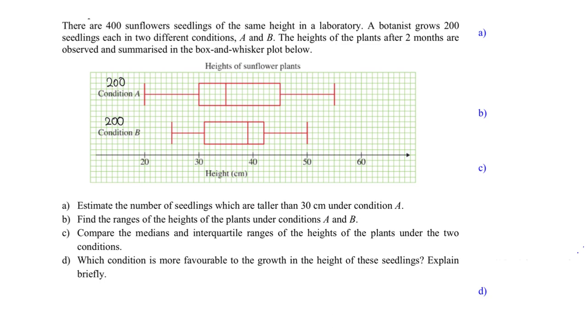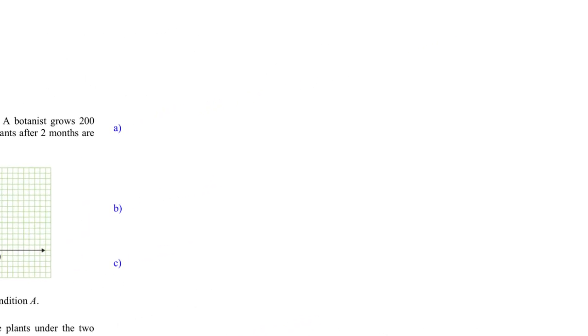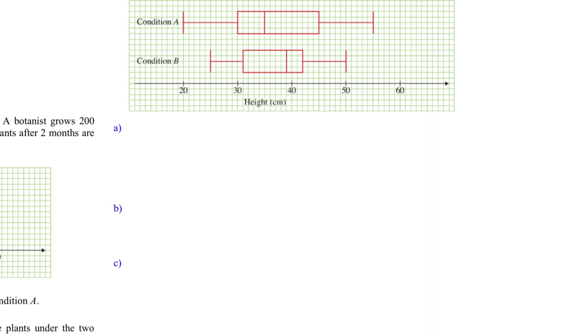Estimate the number of seedlings which are taller than 30 cm under condition A. So the keyword now is this 30 cm, and it must be taller. So I'm going to just zoom in on the box and whisker and see what's so special about this 30 for condition A. Ooh, 30 is here, right?